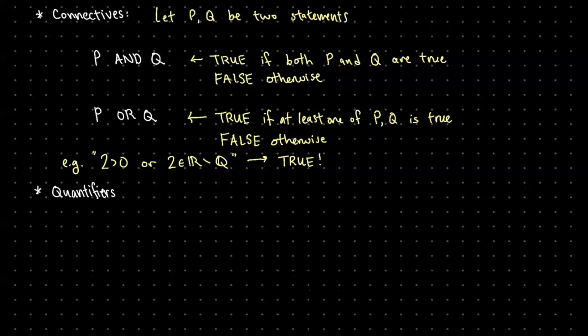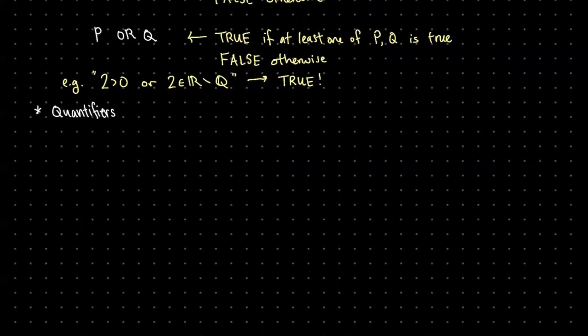Okay, quantifiers. This is what I was talking about earlier. How do you turn a predicate into a quantified statement? One way to do it is to say for all x in some set, then you have some statement involving x. So let's call it P of x.